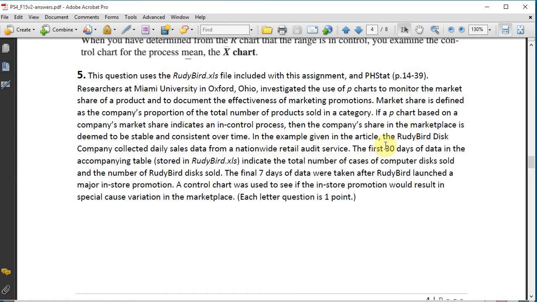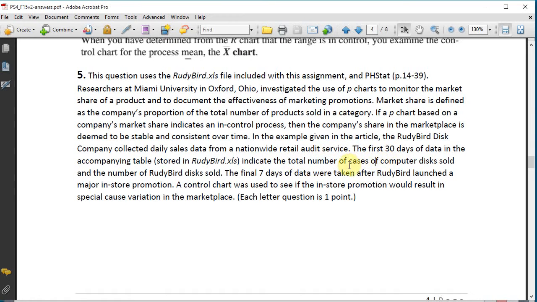In this example, we've done a study. We've collected some sales data, and the first 30 days of the data indicate the total number of cases of discs sold and the number of Ruby discs sold. So it's a proportion of Ruby discs to the total number of cases.